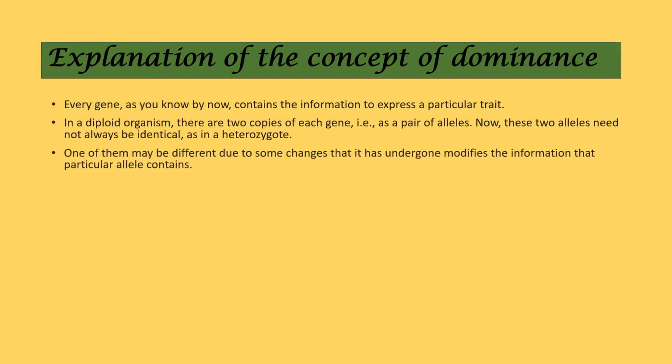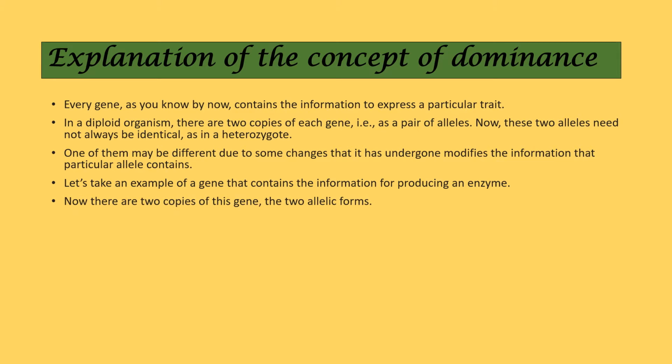One of them may be different due to some changes that it has undergone, which modifies the information that particular allele contains. Let's take an example, a gene that contains the information for producing an enzyme. Now, there are two copies of this gene, the two allelic forms.